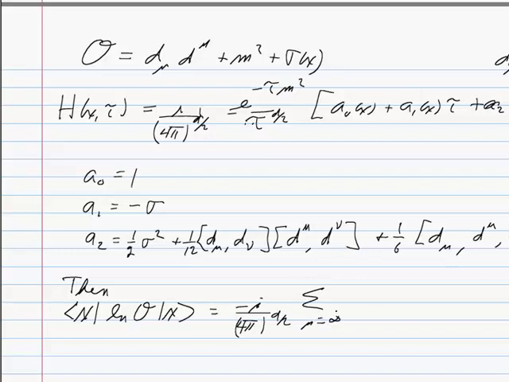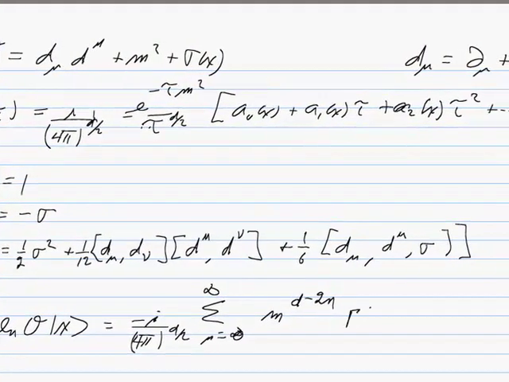Sum of n equals 0 to infinity, m to the d minus 2n, gamma of n minus d over 2, a_n of x. So what you see here is these things become more convergent at high n.